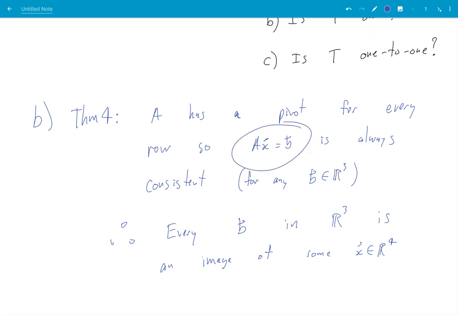Because if AX equals B always has a solution, well, AX is just T of X, right?